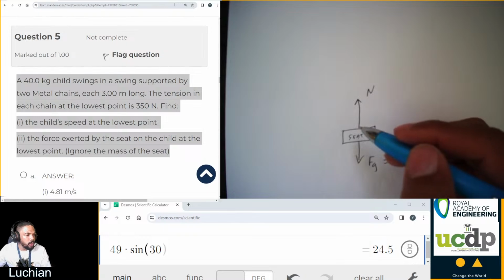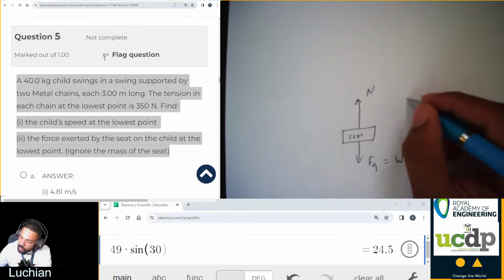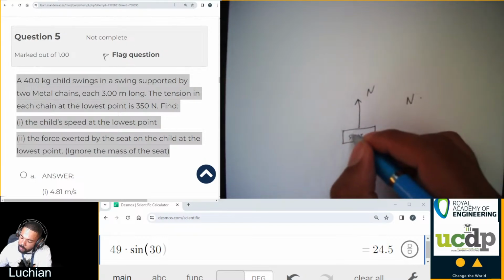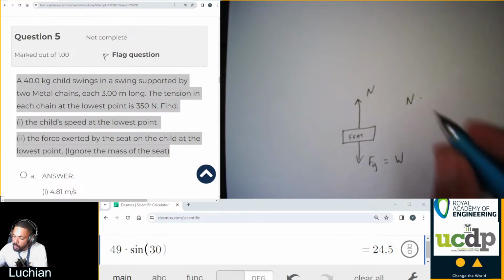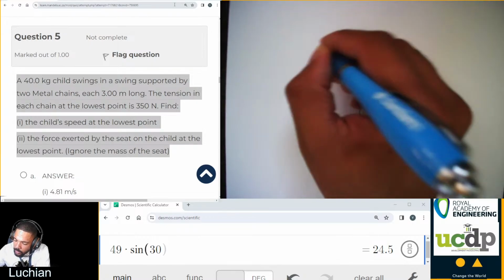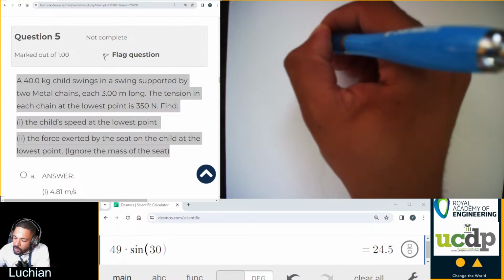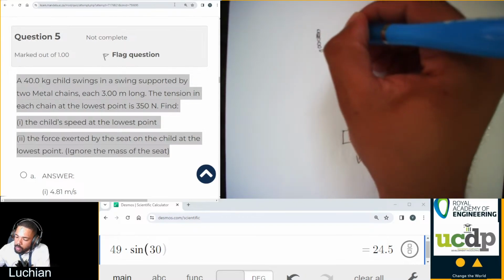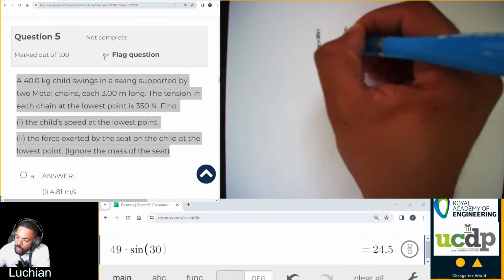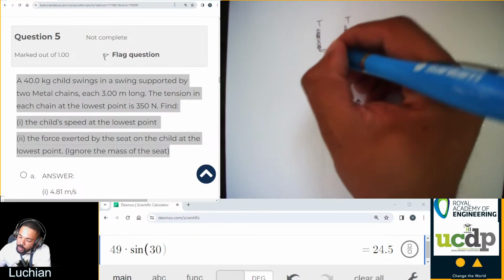So you want to know how come the normal force is equal to 2T? Because the seat is not set on anything, it's hanging. Seen from the side, the seat is hanging by only two forces connecting it, a T1 and a T2.